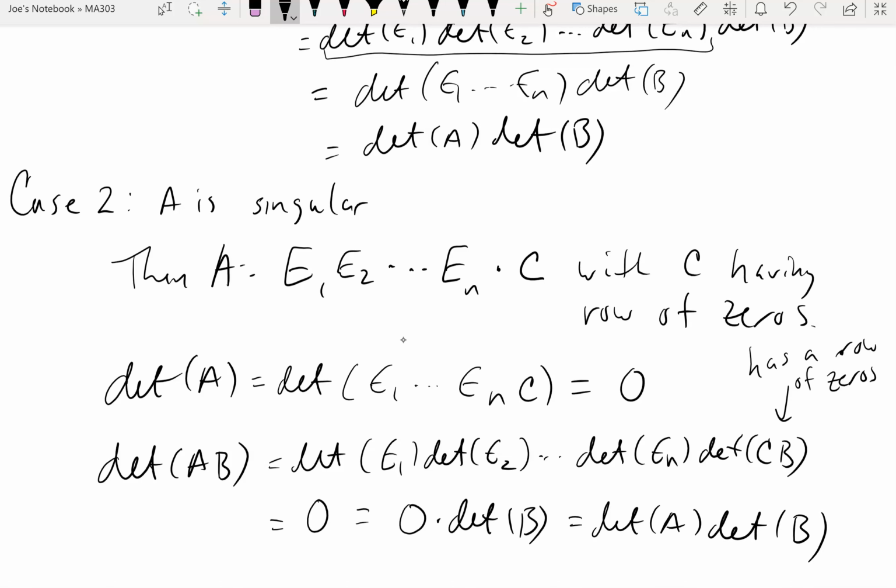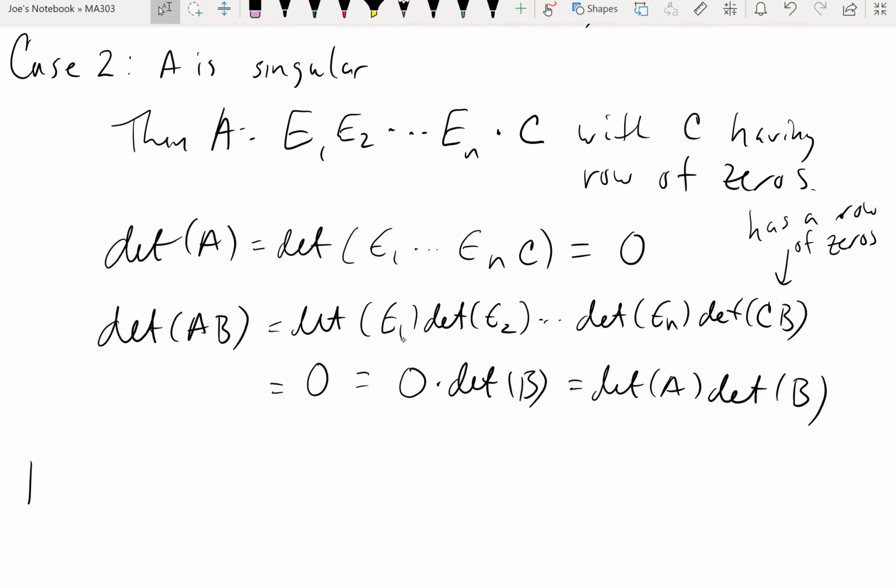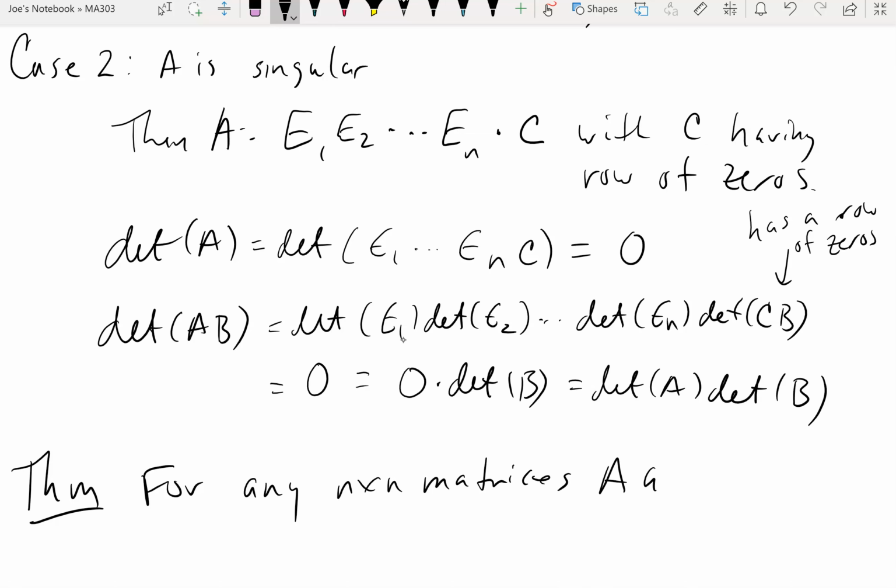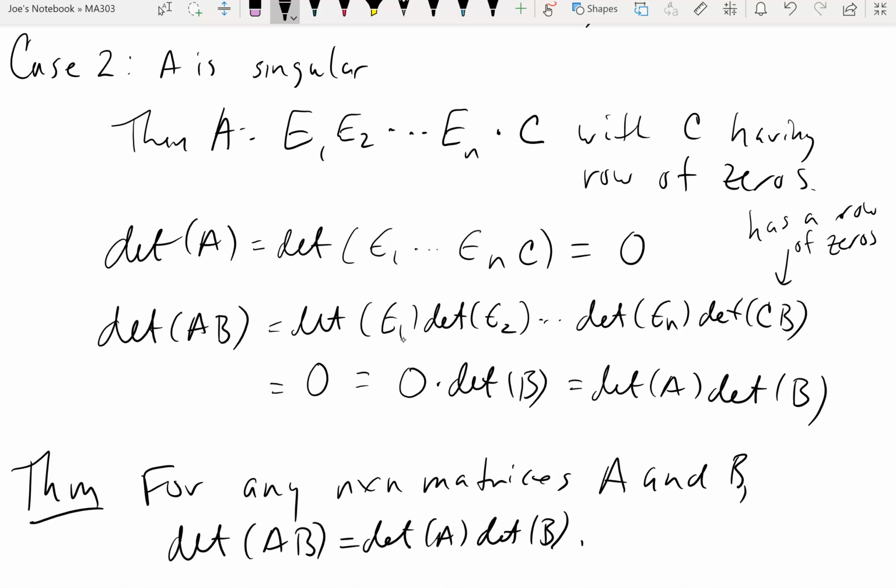So what did we just prove with all this mess? It was a lot of work. But what did we just prove happens with the determinant function? It distributes over products, right? So the theorem is, that was the whole reason why I went through all of this mess. Okay? The theorem is that for any n by n matrices A and B, the determinant of AB is determinant of A times determinant of B, no matter what the matrices are.